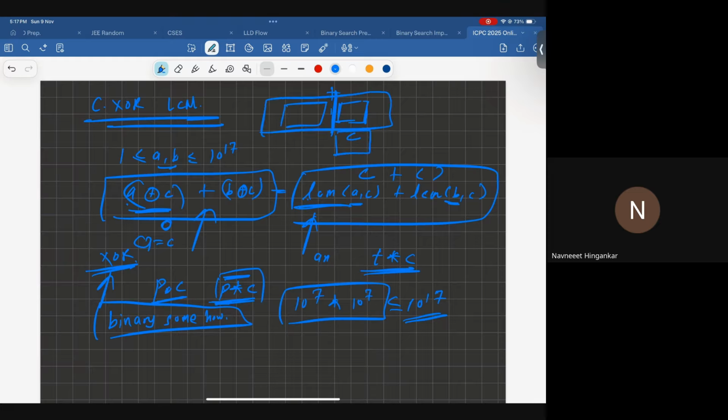This is the binary portion of C, basically the suffix or prefix, if you look at it another way. So this is empty here, and this is some combination of ones and zeros, and this is C. So the moment I did XOR, just by thinking like this, I got the solution.